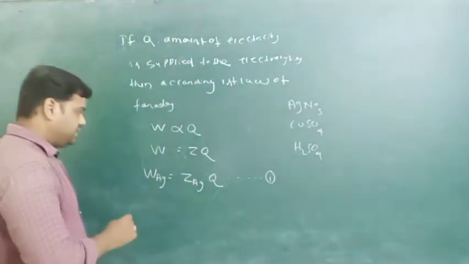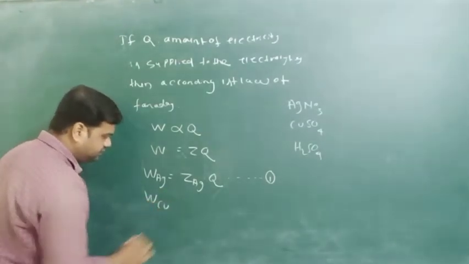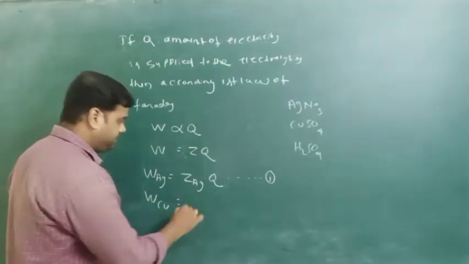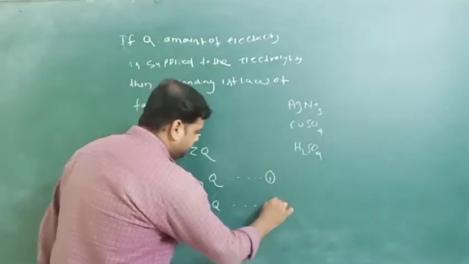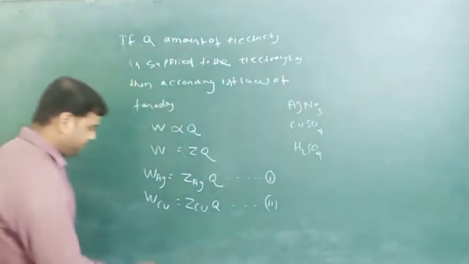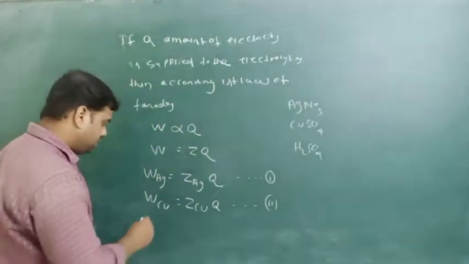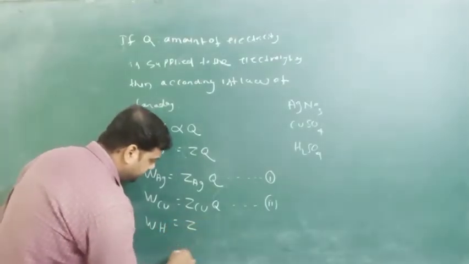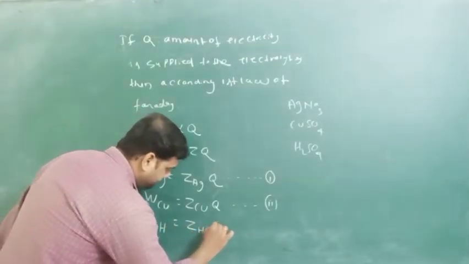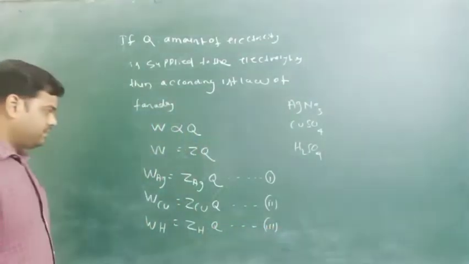For copper, W Cu equals Z Cu Q. This is equation 2. And for H2SO4 or acidulated water, W H equals Z H Q. This is equation 3.